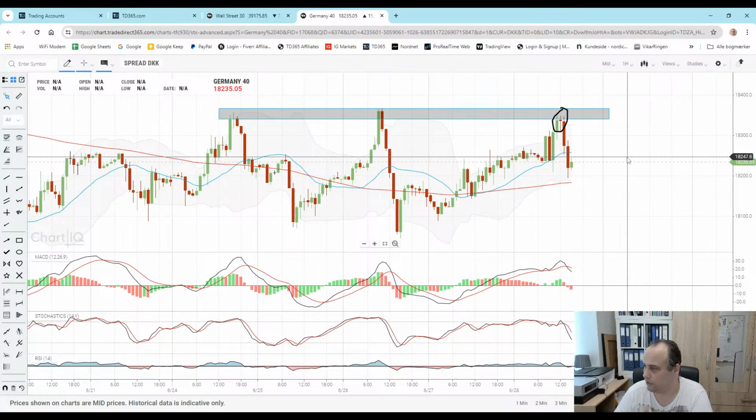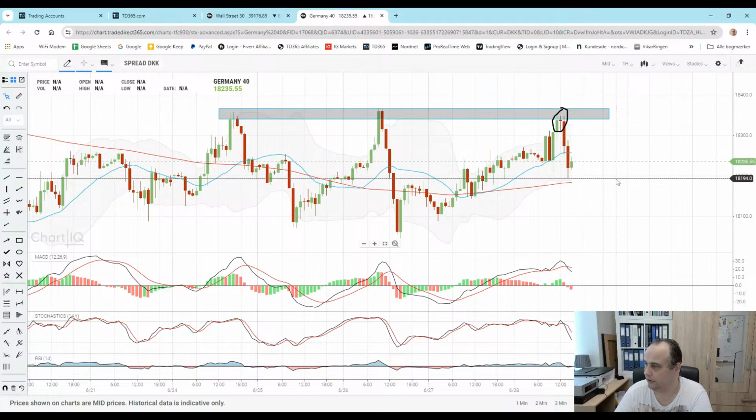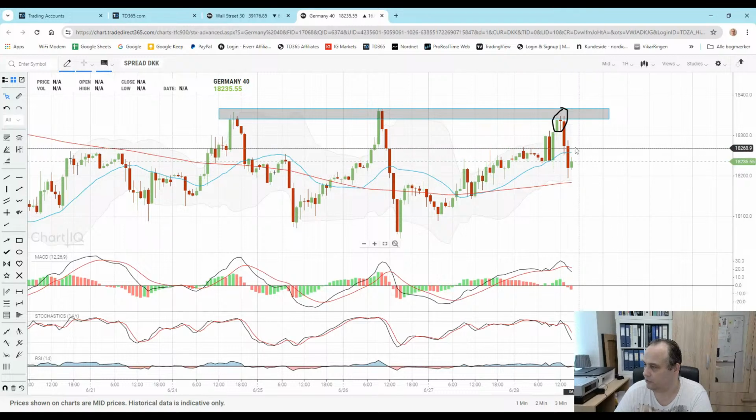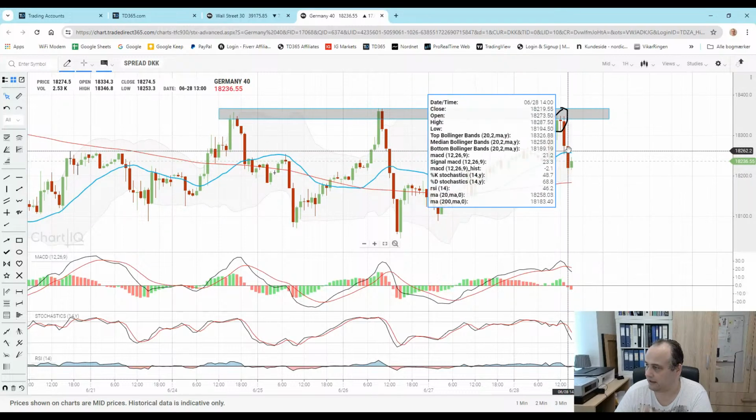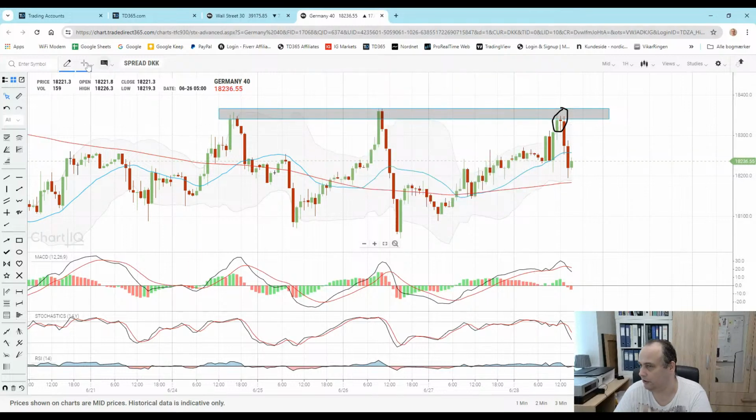The point I'm trying to make is that in my price action trading, I'm not trying to predict the future movements necessarily. After this candle closes, I don't know if the next candle is going to bounce off from the 20 moving average, which is the blue line here, and then go through the resistance.